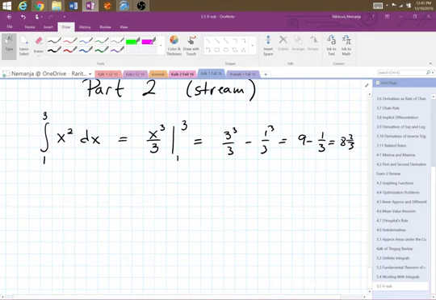So now say that I have the integral of, say, square root of 3x plus 1 from 3 to 8, dx.